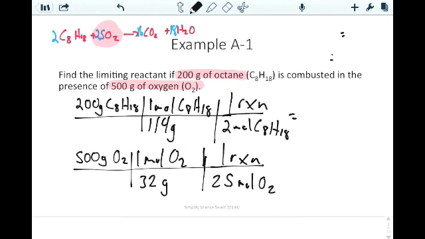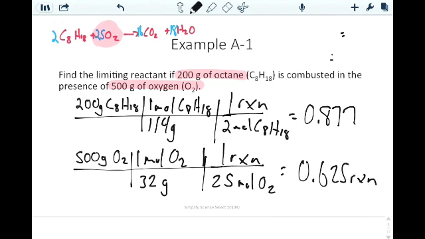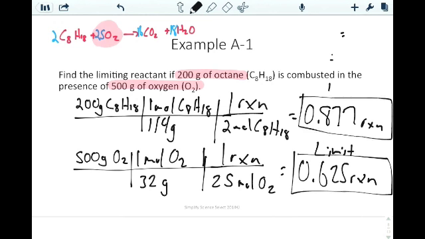So in one reaction, what we need to use for the octane is right around 0.877, and for oxygen, we're going to use up and need 0.625 in a reaction. So whatever's less in the reaction, that's going to be limiting. So here's our limiting, and here's our excess.